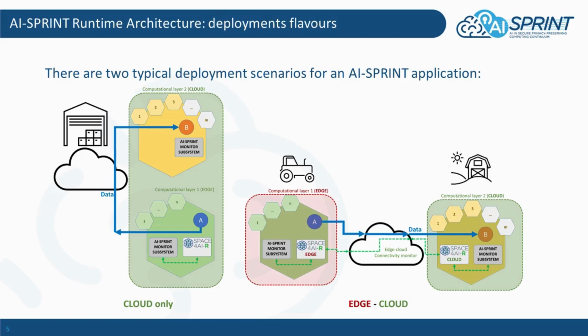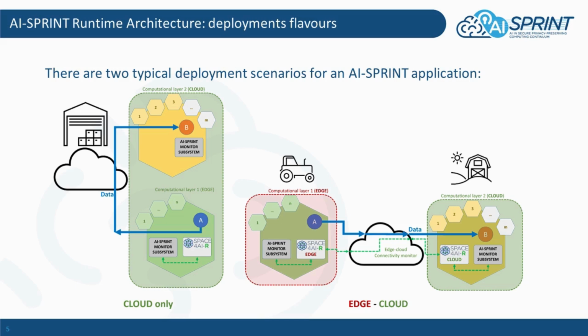There are many kinds of iSprint application deployments, but all fall into specific categories: the one where all the components of the iSprint application are in the cloud, and the one where some components of the iSprint application are in the cloud and others are at the edge.